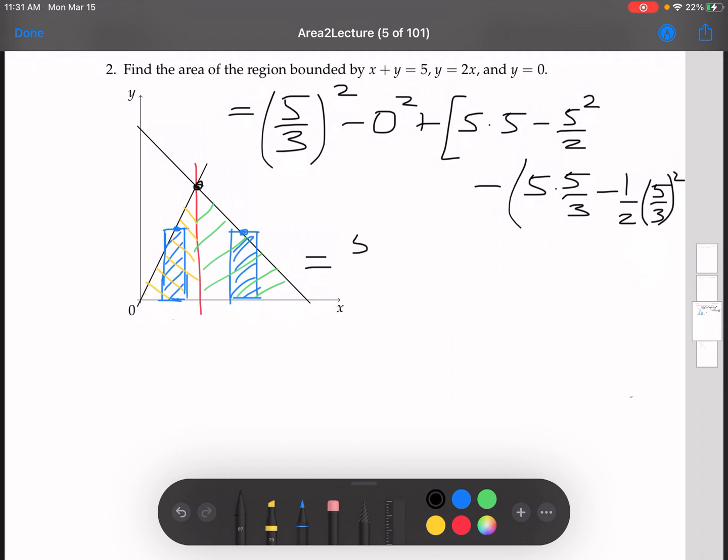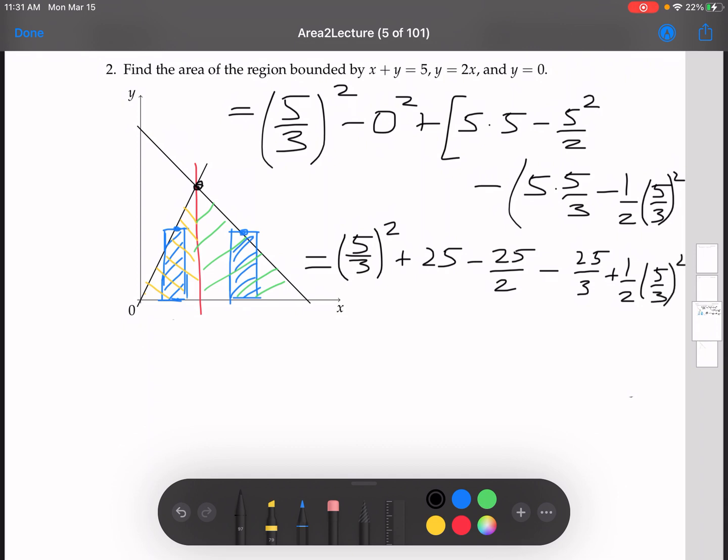So I'll write this as 5/3 squared, plus 25 minus 25 over 2, minus 25 over 3, plus 1/2 of 5/3 squared.